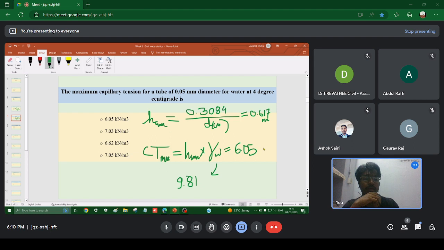If you take it as 10, then you will get 6.17, but I haven't given that because for this kind of question to find out the capillary tension, the water temperature and the exact gamma W are very important. Hence, 9.81 should be taken, and if you multiply that, you will get 6.05 as the answer. 6.05 kilonewton per meter cube. Okay, clear all of you?